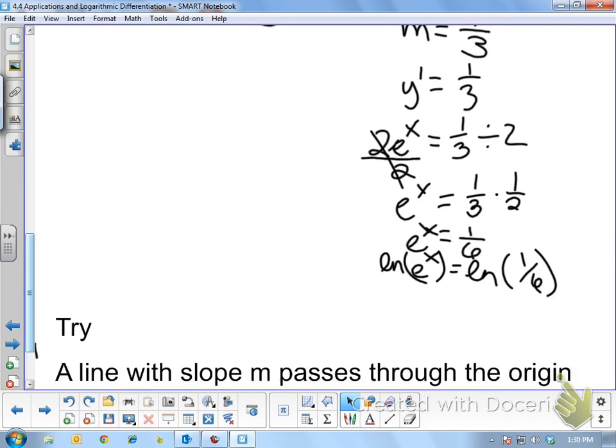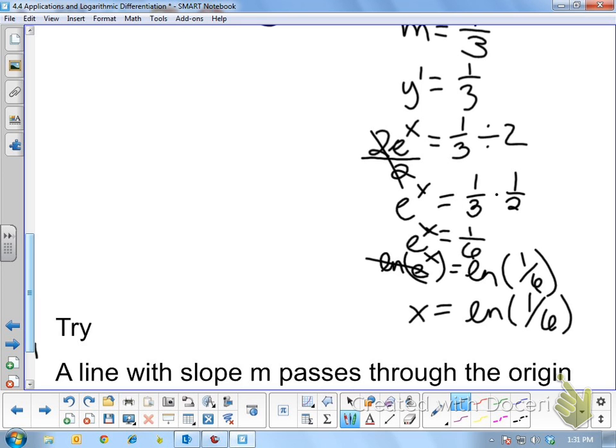Just give us a little more room. So that means my natural log and my e cancel. We have x equals ln of 1 divided by 6. Now at this point we do need to do some simplification using our logarithmic rules. What could I do to simplify this?